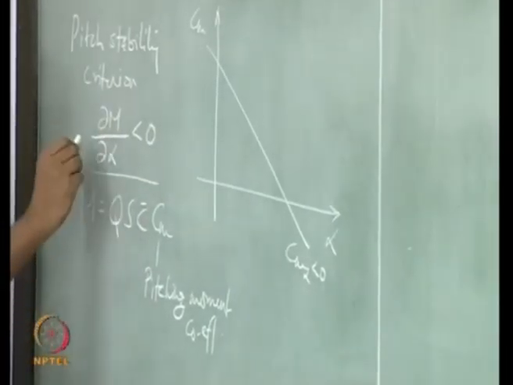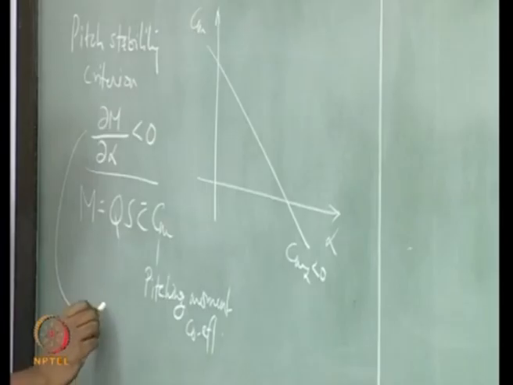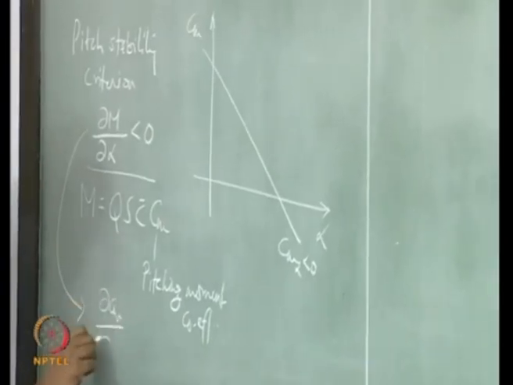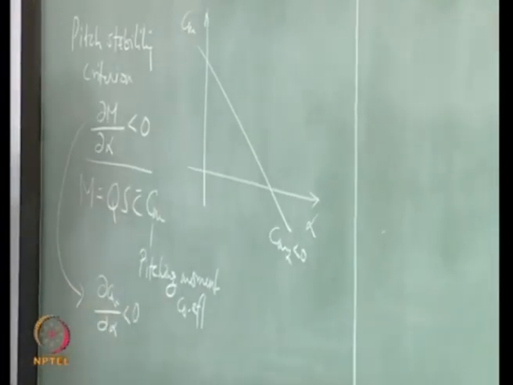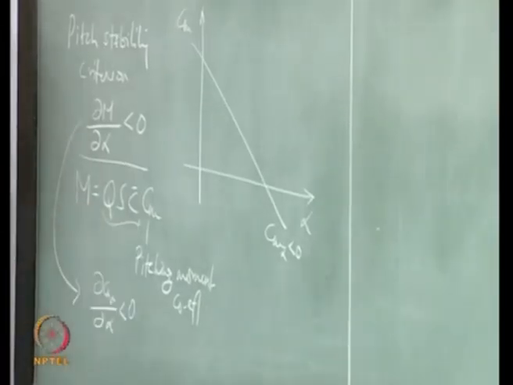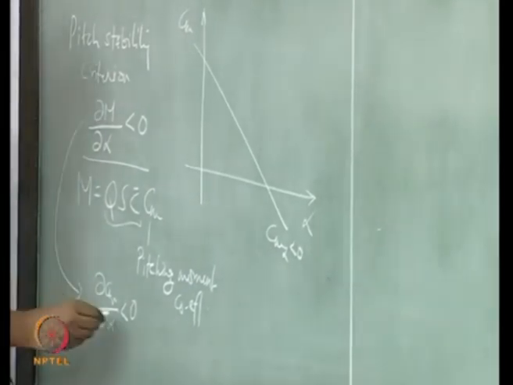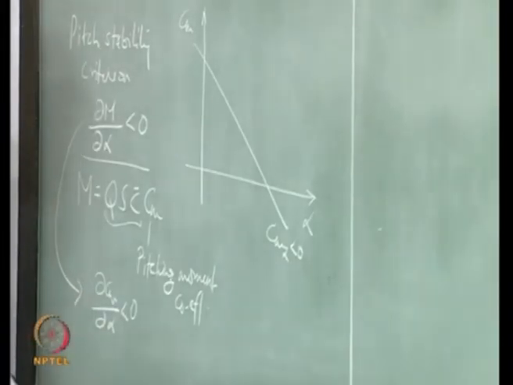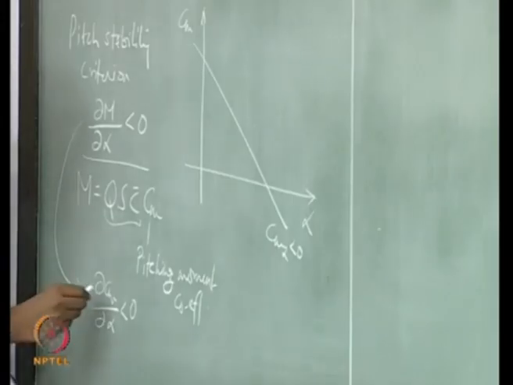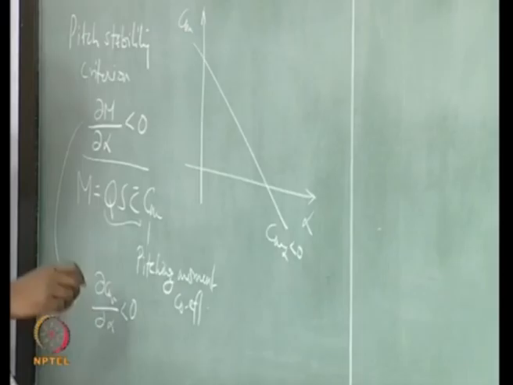We also said that this is equivalent to, everything else being constant and positive here, since we are checking the static stability in pitch at a particular trim condition, that dCm over d alpha should be less than 0.